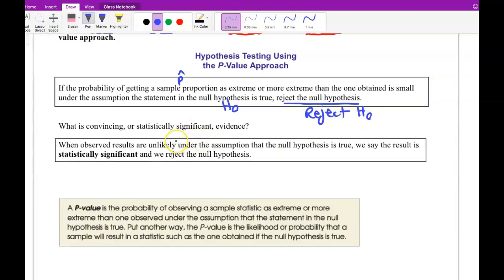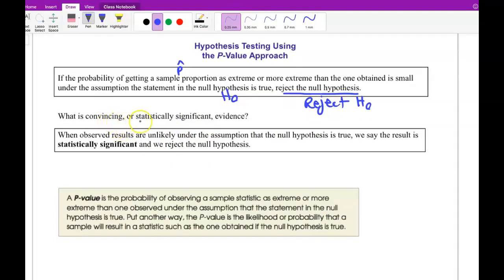And what is convincing evidence? When observed results are unlikely under the assumption that the null hypothesis is true, we say the result is statistically significant and we reject the null.